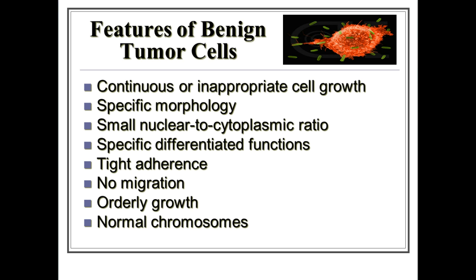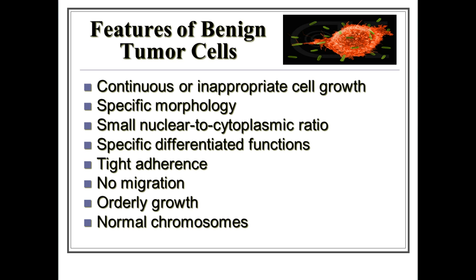So the features of a benign tumor cell, which is considered an abnormal cell because it has continuous or inappropriate cell growth. That's one of the features that makes it what they consider abnormal. It has a specific morphology, just like the other ones.